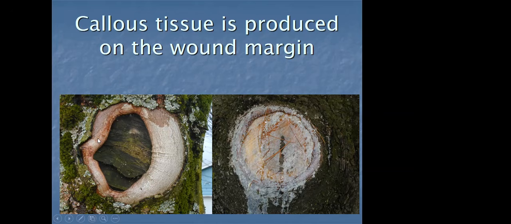You can see here, this is that wound tissue that develops over time. On the left here, you can see how it's kind of uneven. That means the pruning cut was probably not the cleanest cut. So you have this uneven development of the wound tissue. And here again on the right, this is on a pine tree or conifer. You can see the cut was probably too far in to that bark ridge. And so you're going to have this wound tissue trying to develop, but it can't quite complete development.